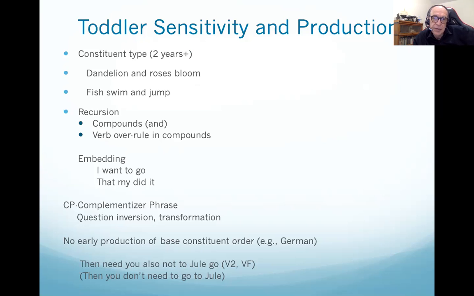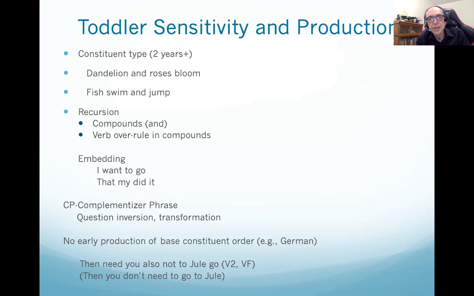So they'll react differently to two nouns connected by a conjunction, that is on the subject side of the sentence, dandelions and roses bloom, as compared to verbs connected by a conjunction, fish swim and jump.